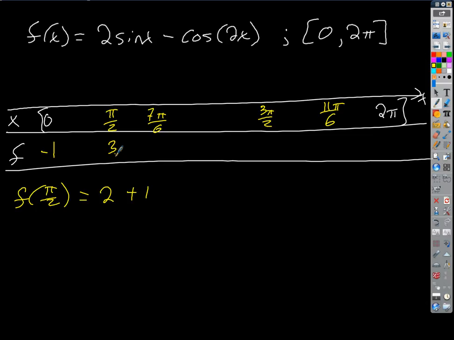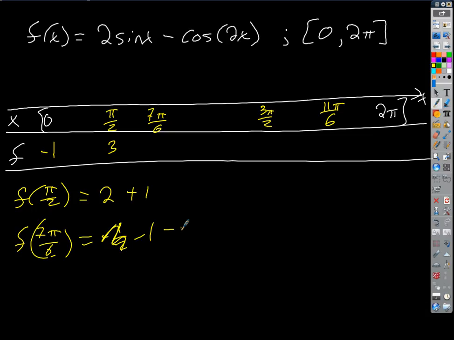About 7/6 pi. So sine of 7/6 pi. That's going to be down there, so negative 1/2, good. So we're going to get our negative 1/2, times 2, you're right, negative 1, good.